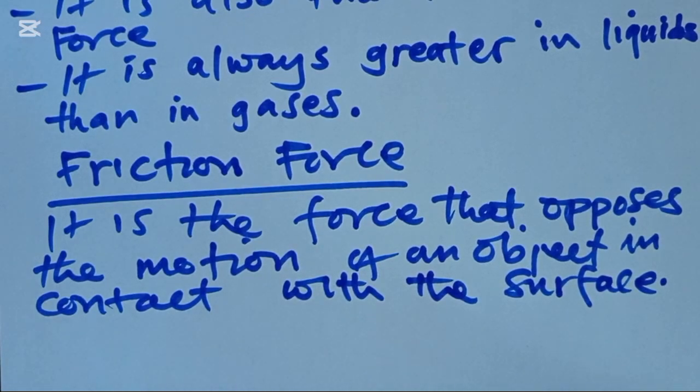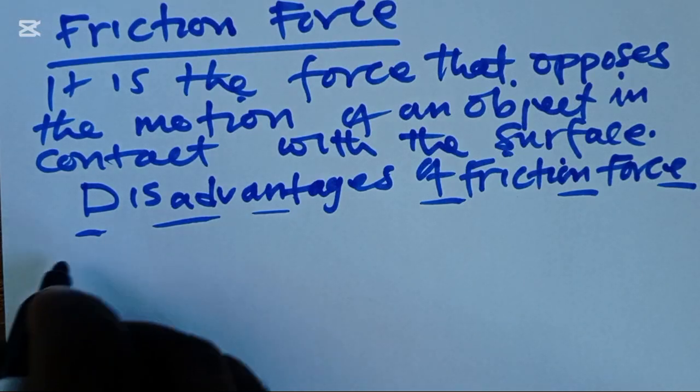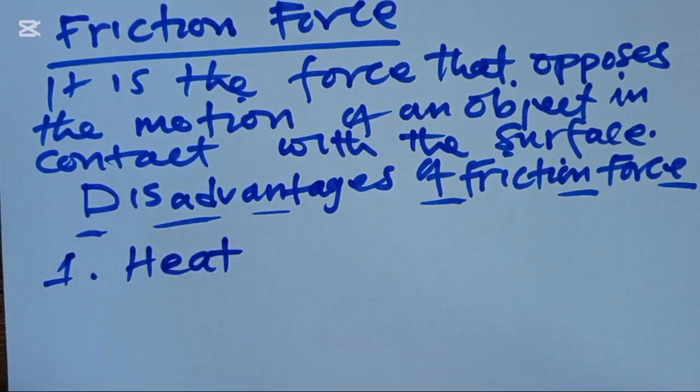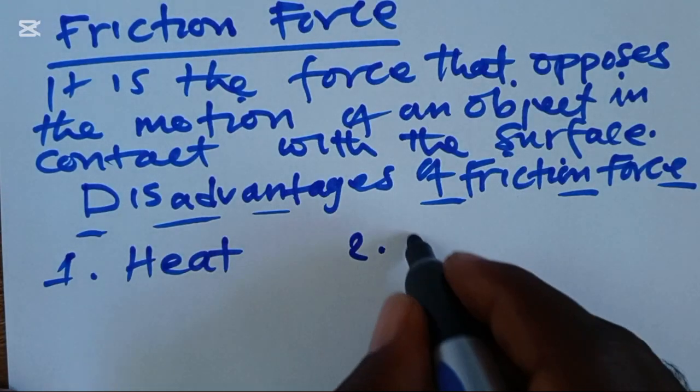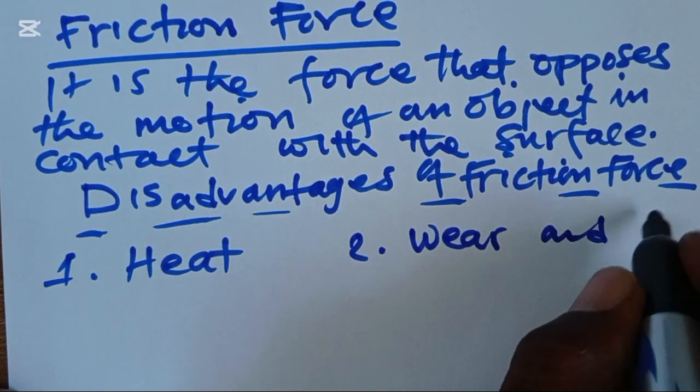So friction force is a force that opposes the motion of an object in contact with the surface. So that is friction force. So disadvantages of friction force. Number one, it is heat. Number two, it is wear and tear.